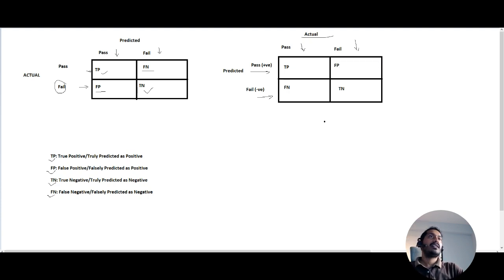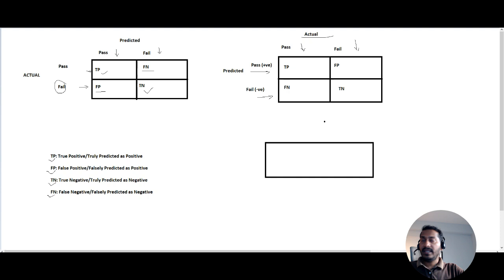Now in another layman's term, I can also tell you just like this: whenever you are building the confusion matrix, at that time what you can do is draw the matrix, then copy this pass and fail, and I'll also copy this, Control C, and bring it here.